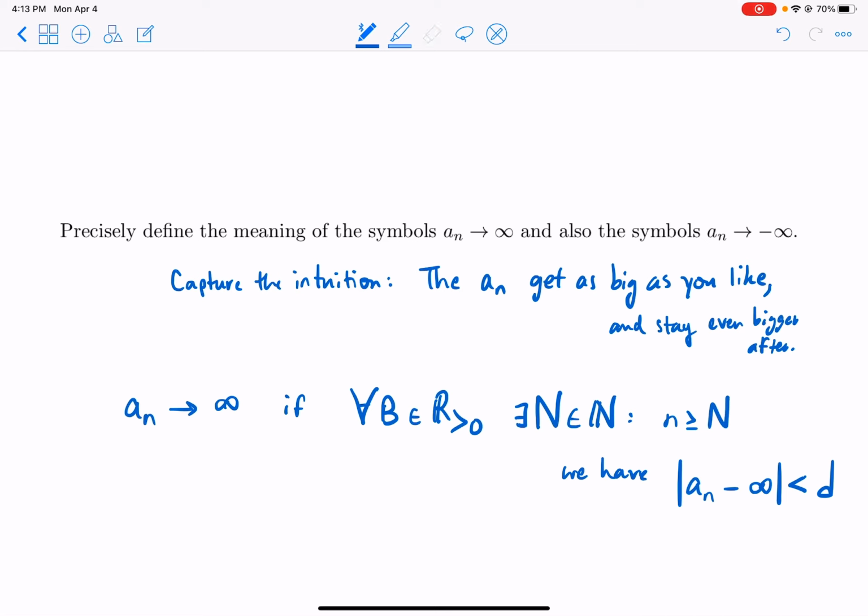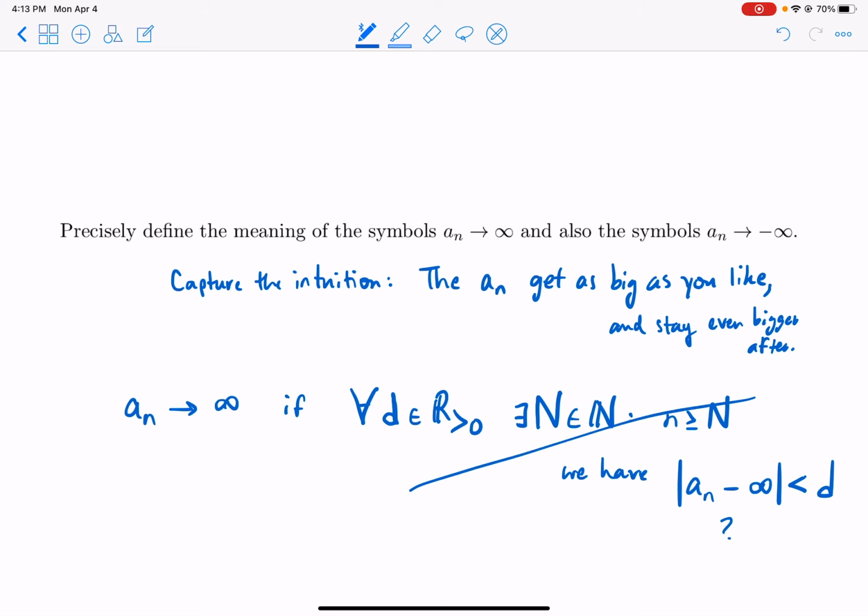Well, because before we would say, for any, we were thinking any very small positive number, then the difference between a sub n and infinity should be that small. But this is a problem. We don't know how to do a sub n minus infinity, and so this sort of won't work.